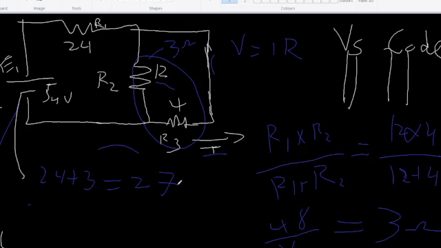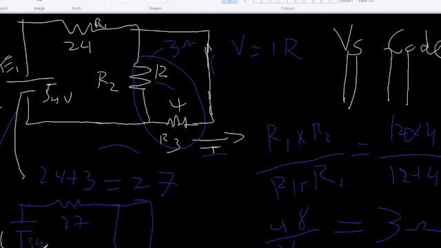So our final circuit is now going to look like this. It's going to be 27. So V equals IR. For this, we have R, being the 27 that we just got, and V, being the 54 that was here, and I being what we're looking for.